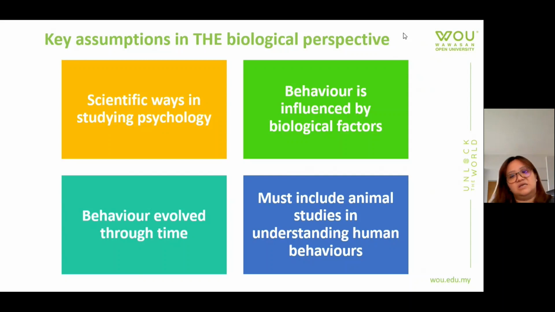So from that case study, we assume that how we behave, how we feel, how we react, how we think is affected by, for example, the functions of the brain. Every part of our brain carries specific functions, so anything that impairs those parts will affect our bodily functions, including our behavior.